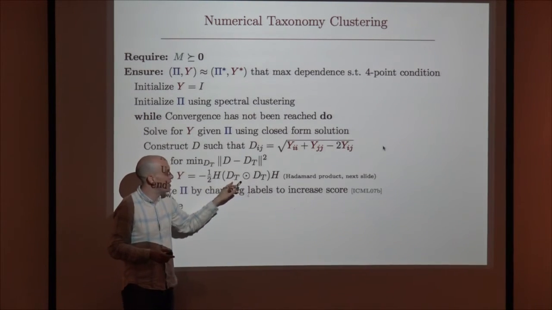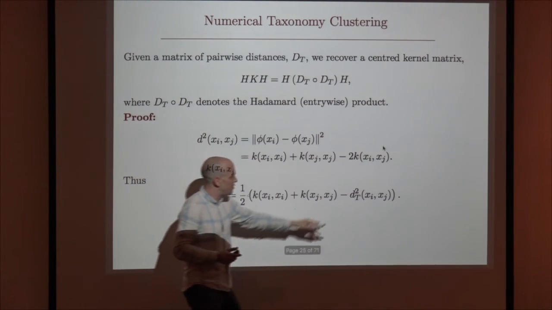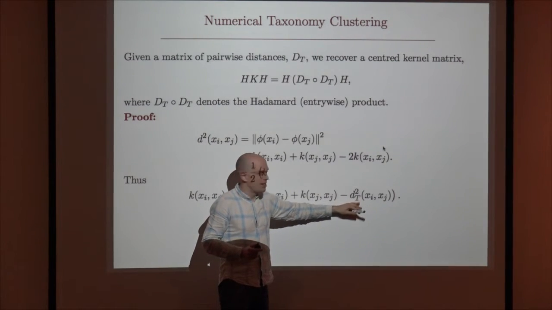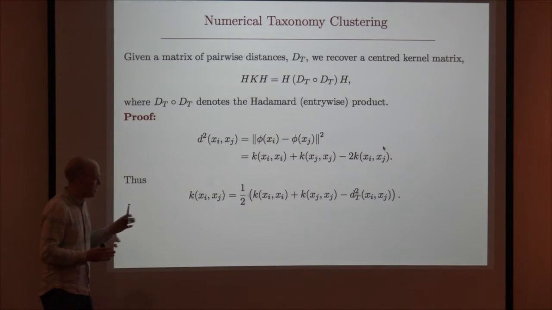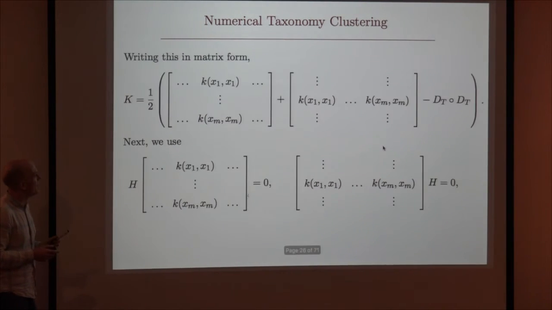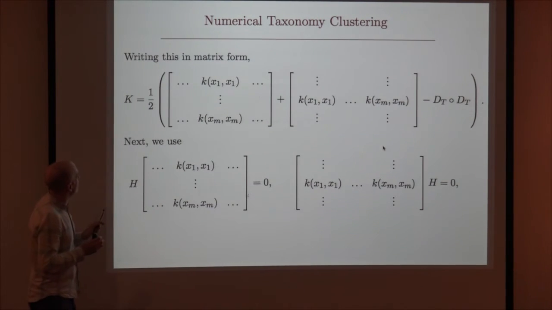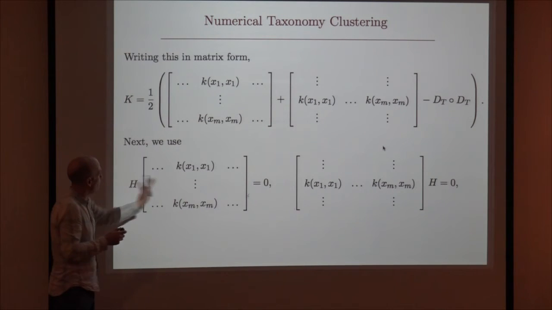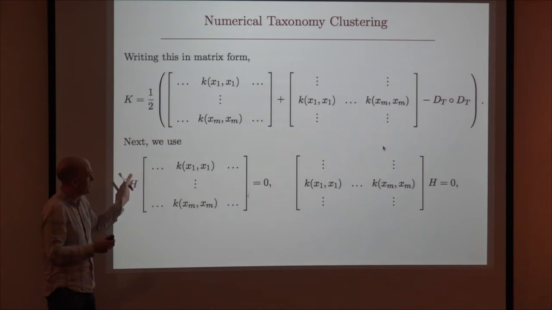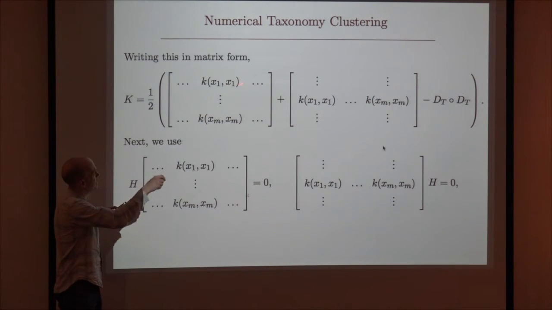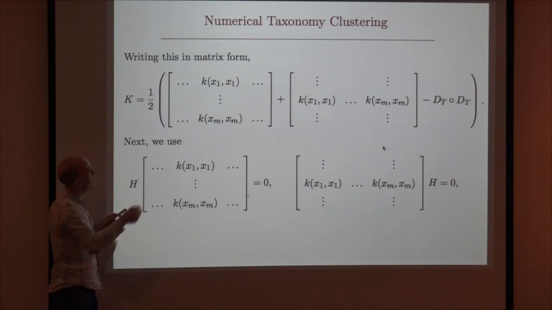I've got this entrywise product of the distance matrices, so that's here. But I've also got these terms here, which is slightly annoying. But the point is that I'm going to be centering my kernel. And when I center my kernel, if I row and column center it, that means that I pre-multiply by this H, which centers the rows, and that basically zeroes out all of these terms here, because all of the entries in this row are the same.